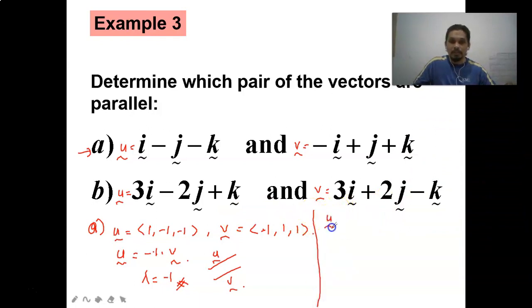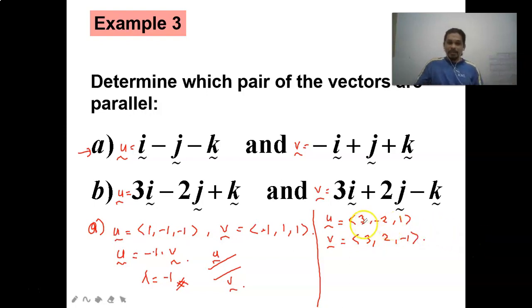For question B, U equals 3, negative 2, and 1, and vector V equals 3, 2, and negative 1.